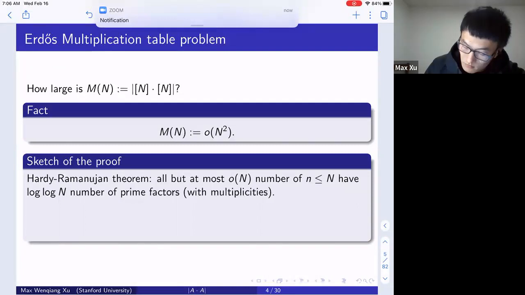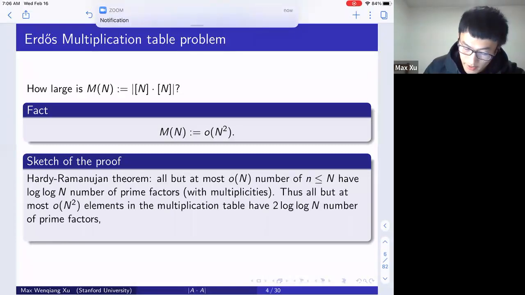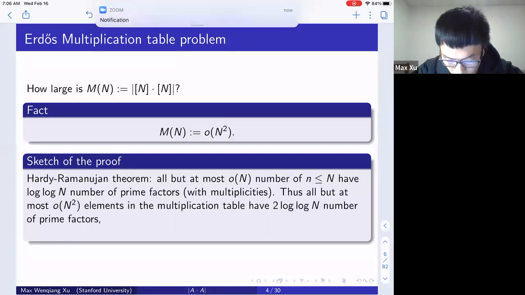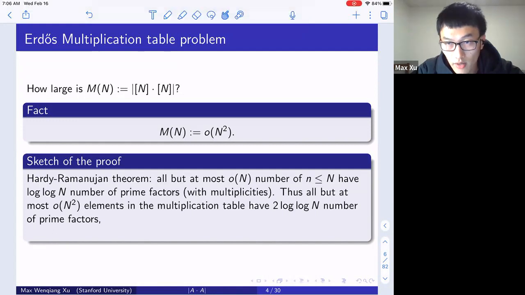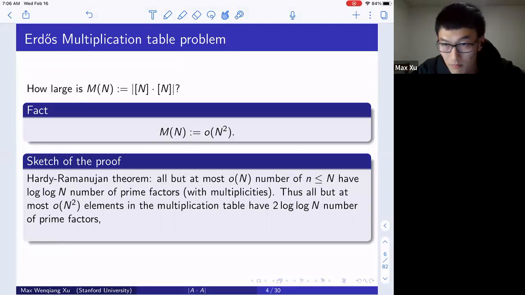By applying this theorem, we know that all but at most little o(n squared) of the entries in the multiplication table will have 2 times log log n prime factors, because any product looks like A times B, and if A and B are both typical, then you should believe there are about 2 log log n prime factors.